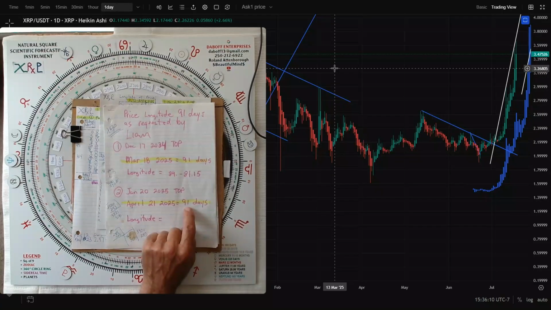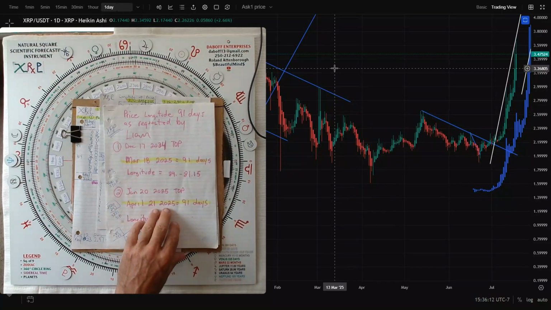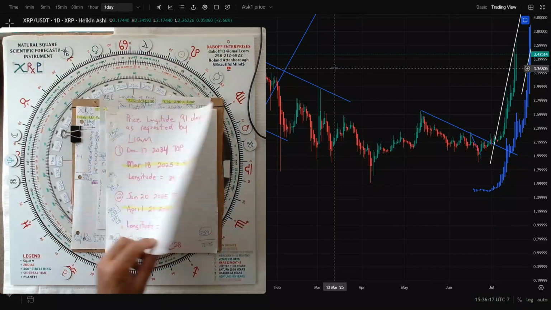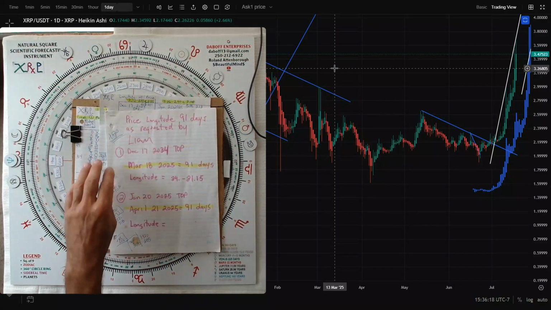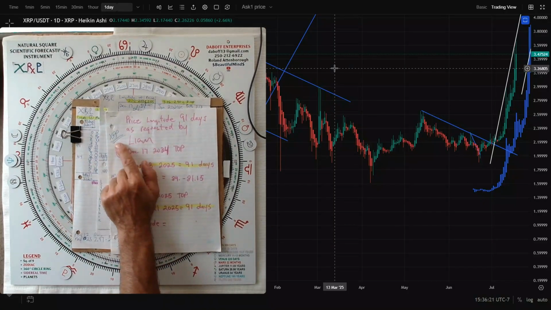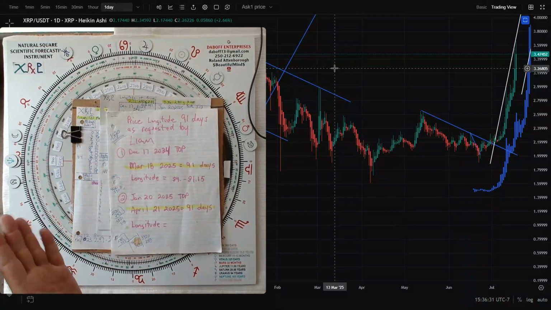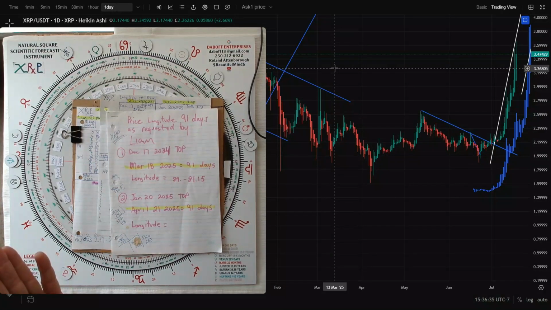I did all this work, but I did it for Bitcoin. The longitude worked out for that, but I realized I did it for the wrong asset, XRP. I think that was back in April. Sorry, Liam, for taking so long to get back to you, but I thought we would revisit this.